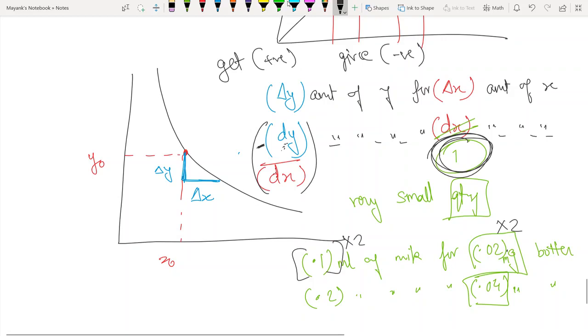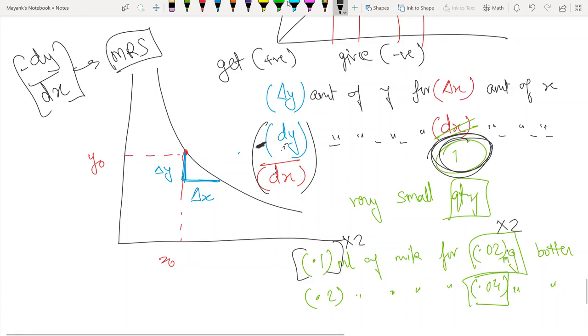So to make the ratio positive, you put a minus sign in front of it, and we say that the rate of exchange is minus dy by dx amount of y for 1 unit of x. So this minus dy by dx becomes your MRS, marginal rate of substitution. This is the definition of MRS.